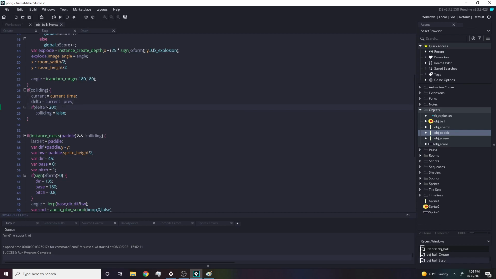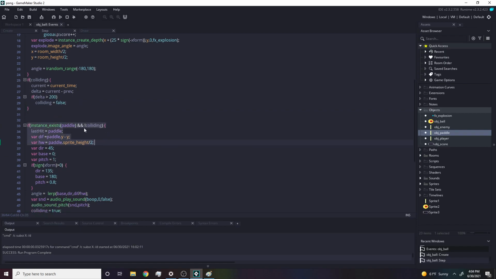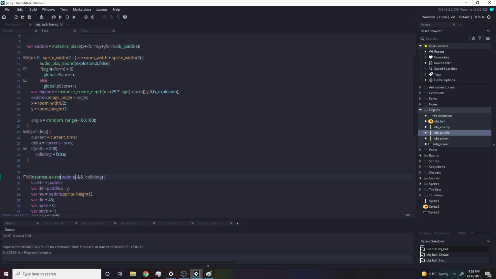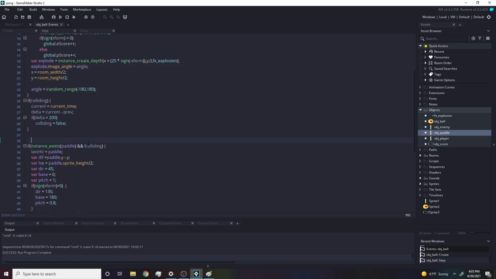If delta time is greater than 200, meaning more than 200 milliseconds have passed, then we set colliding equals false. And if colliding is true, then it won't let us collide again, because this if statement checks if we are colliding with the ball if instance exists paddle. Remember, back here we checked if the paddle is being created, and we aren't colliding, because the exclamation point is the not operator, not colliding.